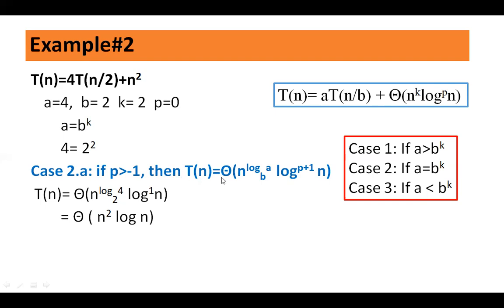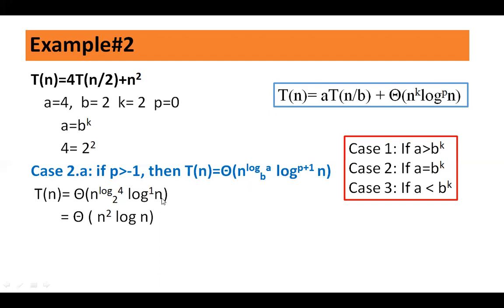So what is the solution here? T(n) is equal to theta of n raised to log A to the base B, log raised to P plus 1 n. Just substitute the values of A, B, and P. Here n raised to log 4 to the base 2, and log raised to 1. Why 1 here? P value is 0, so 0 plus 1 becomes 1.